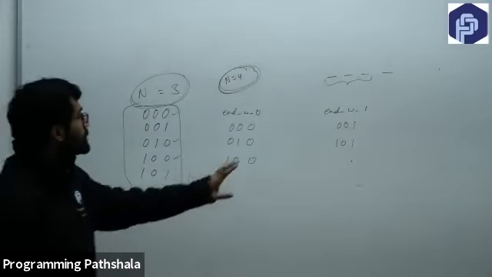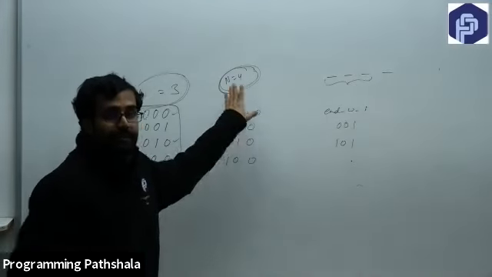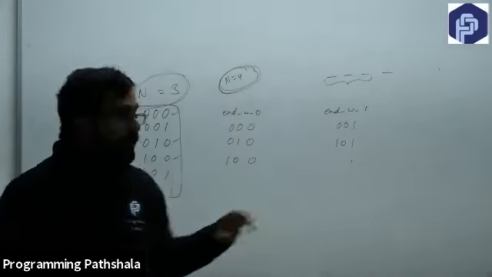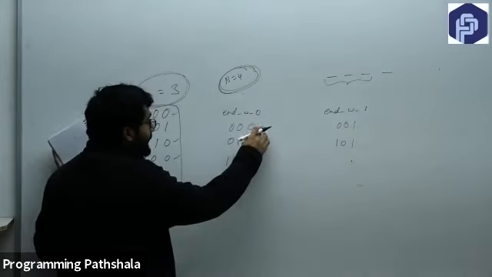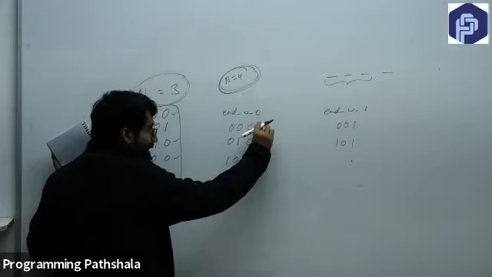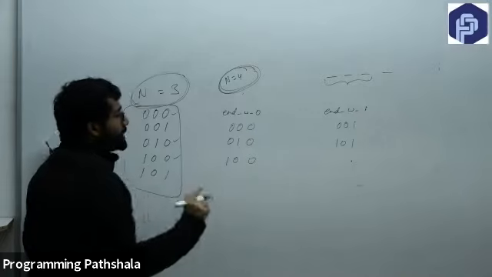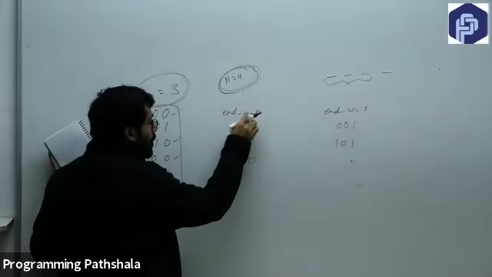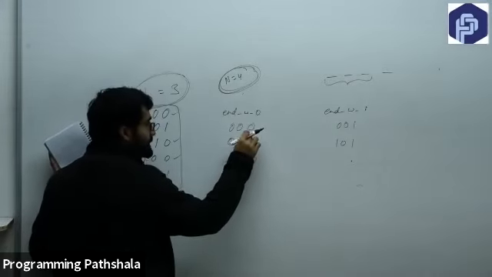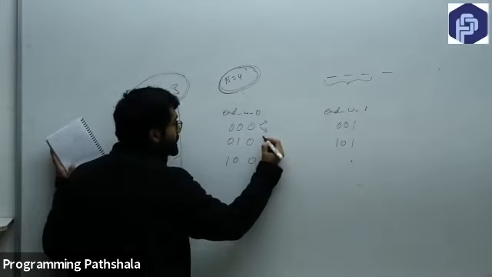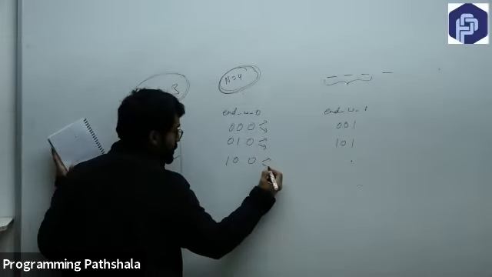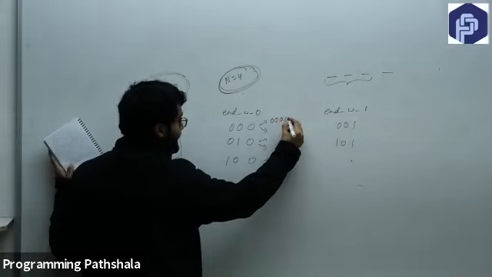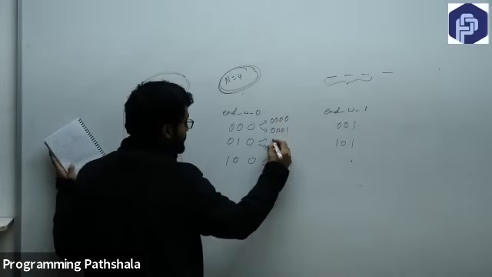Okay. Now, since I am trying to create bit strings with length 4, I can either append the next character as 0 or 1. Now, can you tell me one thing? From all those bit strings that are ending with 0, I can generate 2 more bit strings for sure. First one that ends with 0, and the second one that ends with 1.